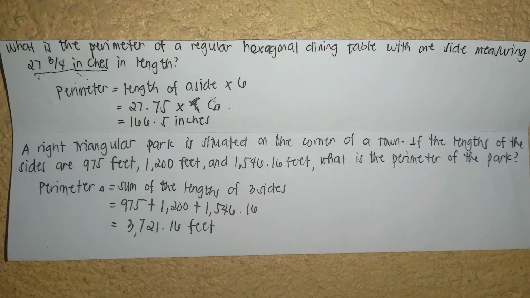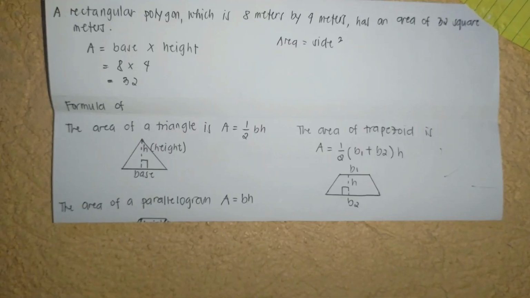Okay, so next is the area. So yung area naman, ito yung number of square units it takes to fill the interior of the figure. Okay, so example. A rectangular polygon which is 8 by 4 meters has an area of 32 square meters.